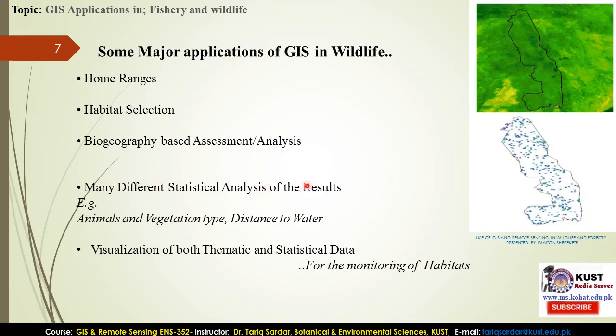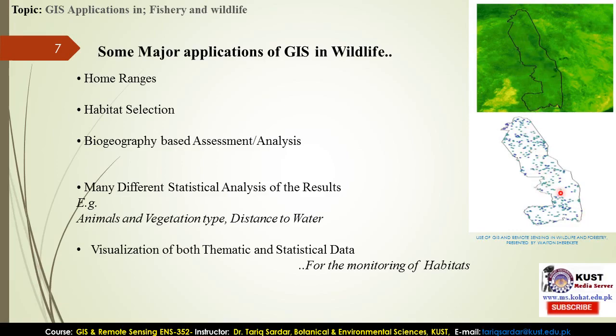Many different statistical analyses of the results can also be applied or layered on that area, like two or three layers, such as the vegetation layer and the specific habitat layer. Animals and vegetation type can be merged as layers. That's the animals' habitat area, and that's the area under vegetation.